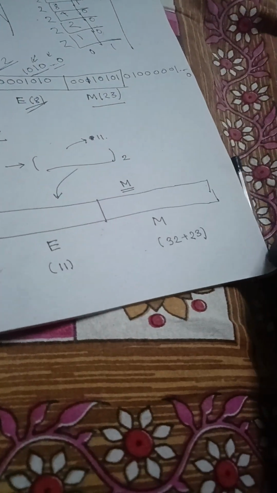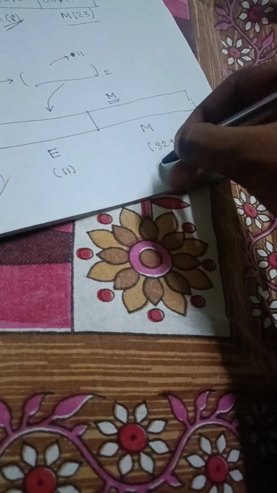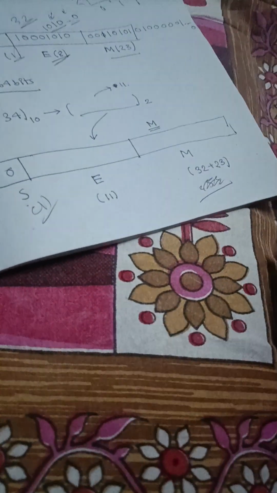For the mantissa for 64-bit, previously we studied 23 for 32-bit, and we just have to take the mirror image of it. The mirror image of 32 is 23, so the mantissa should be 32 plus 23, that is 55, I guess. Adding 11 makes it big, so just forget that and remember that it is the mirror of it.